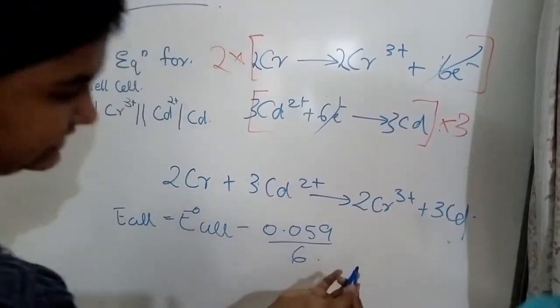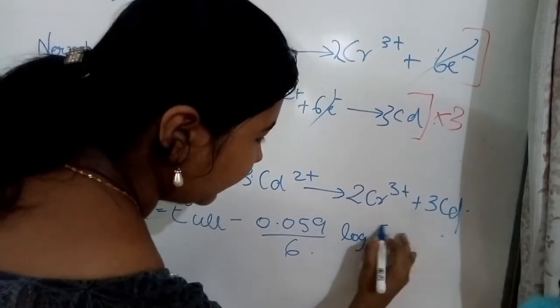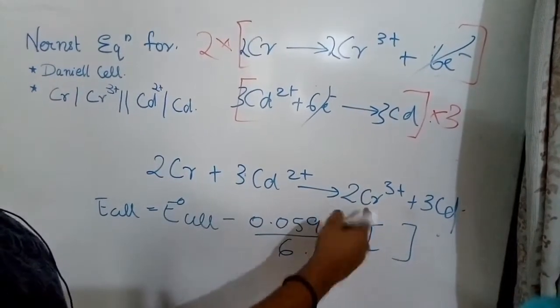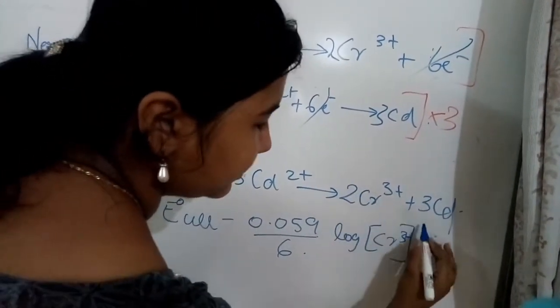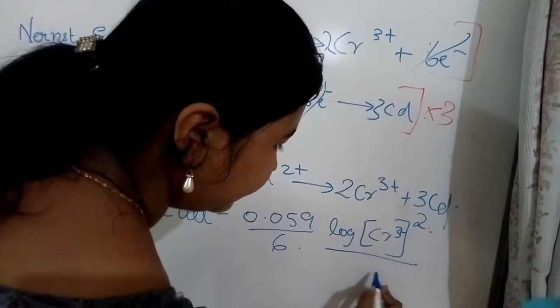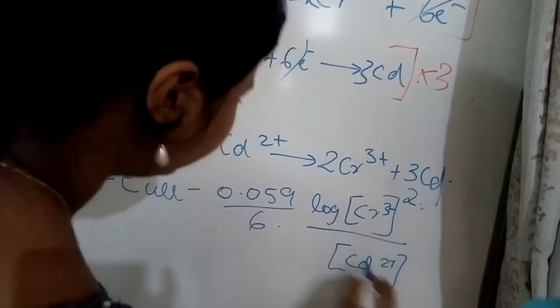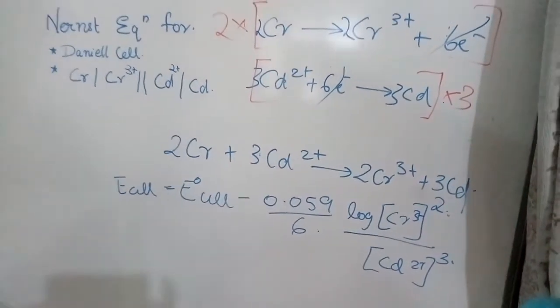It's 6. And then log, what is our product ion? Product ion is Cr3+. So Cr3+ raised to stoichiometric coefficient 2 divided by Cd2+ raised to 3. This is our Nernst equation.